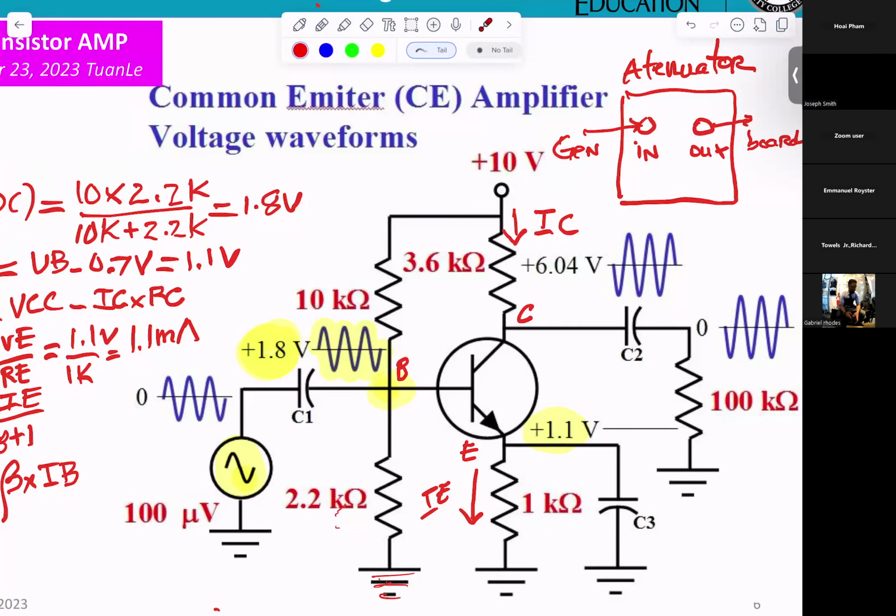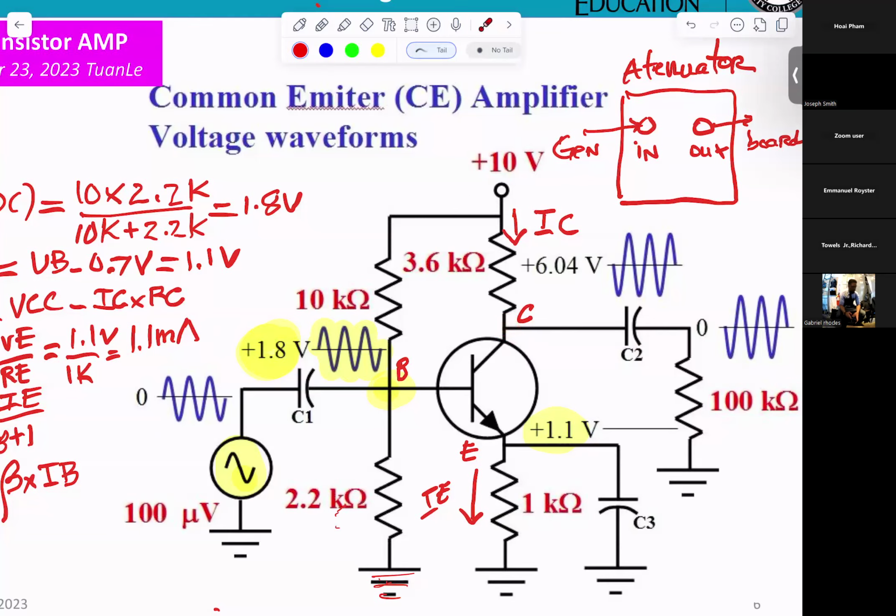And when you measure the AC at the meter, you get nothing. The thing is capacitor C3 is shorted to ground. When you measure at the collector here, you have to be in AC coupling.